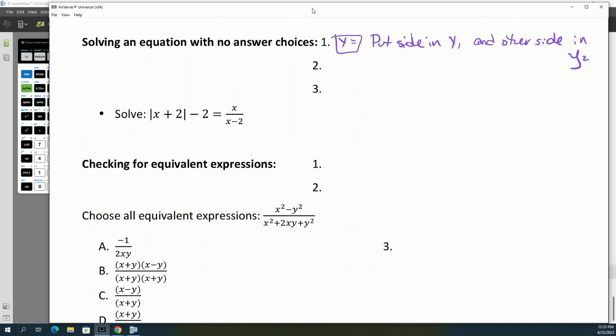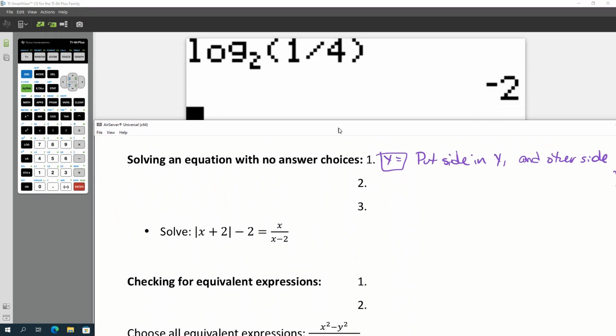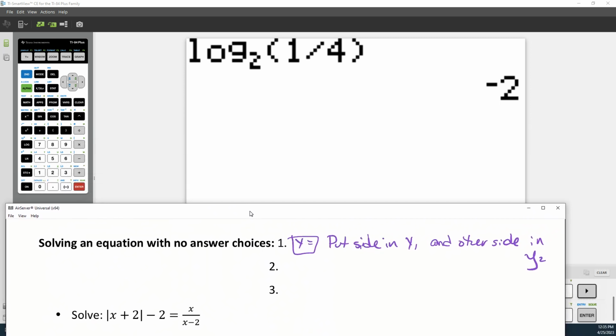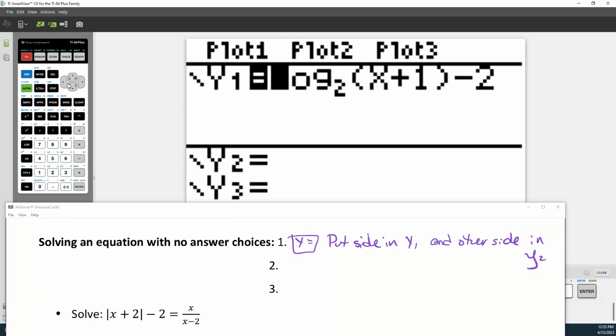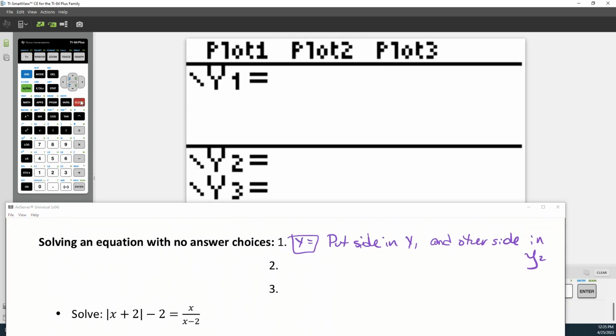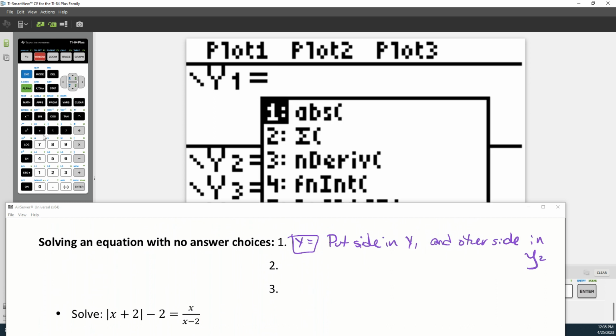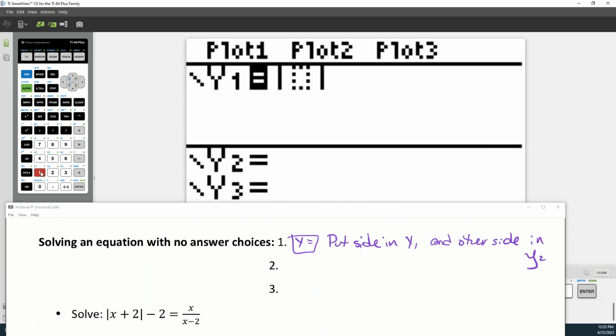All right, so let's just go ahead and do that. We get to practice doing absolute value and fractions. Absolute value is alpha window 1. So everything on the left side, I'm going to put in for y1.